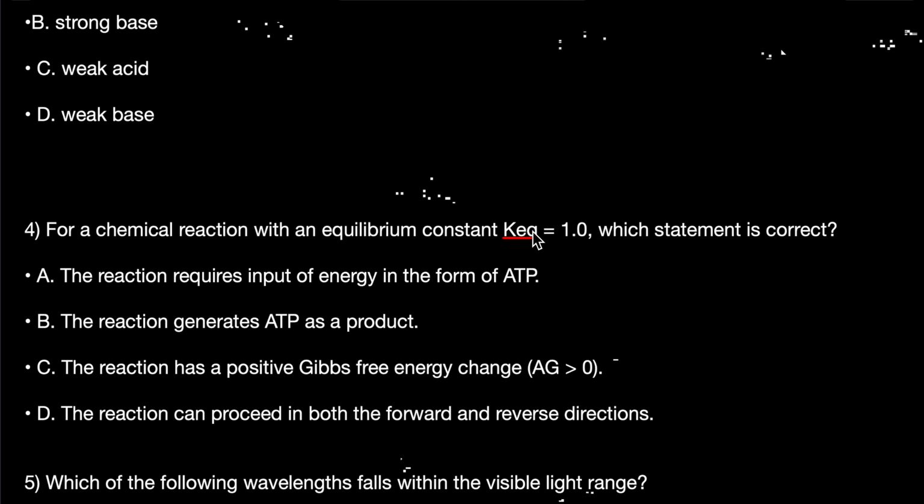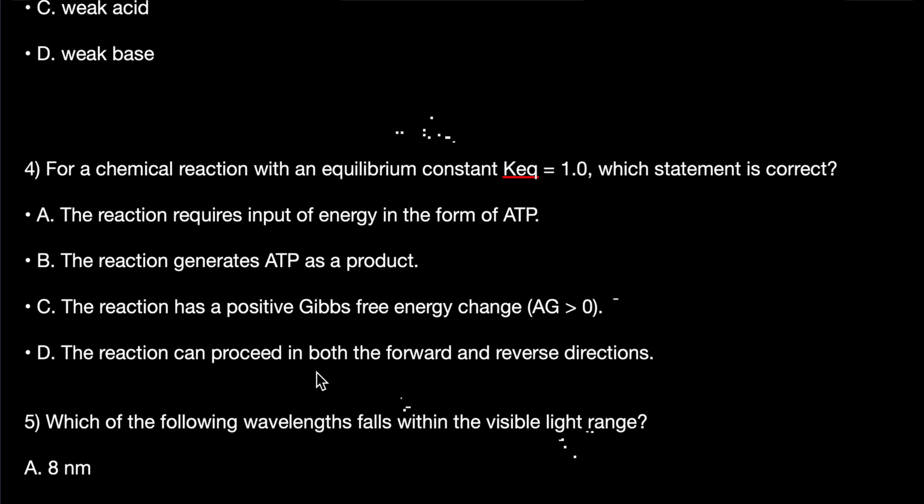If the equilibrium constant is larger than 1, the reaction is spontaneous. On the other hand, if Gibbs free energy is larger than 0, then the reaction is non-spontaneous, and vice versa.